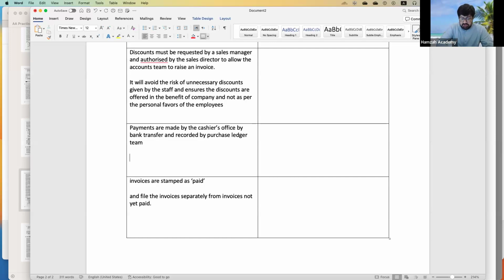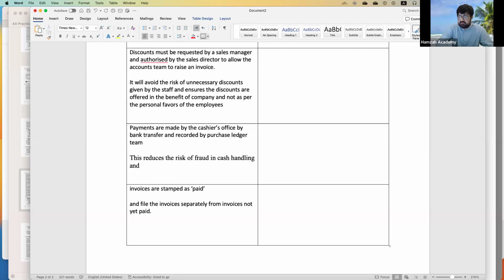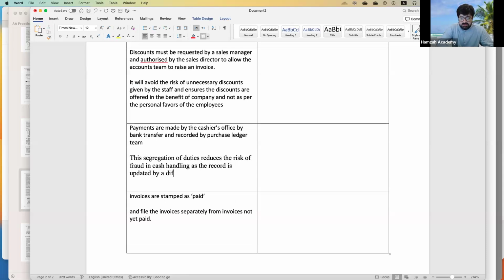So this reduces the risk of fraud in cash handling, and this segregation of duties reduces the risk of fraud handling as the record is updated by a different party. Yes.